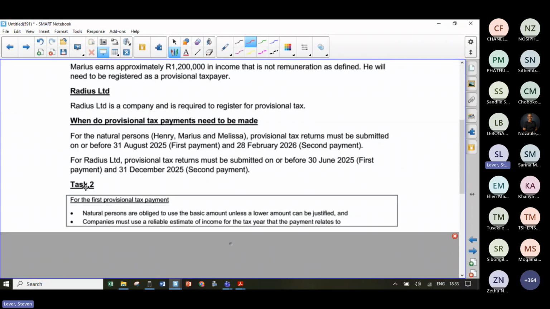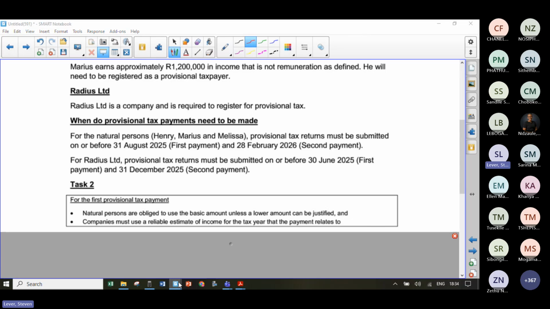So here, can you see inside this example, I've said for the first provisional tax payment, natural persons are obliged to use the basic amount unless a lower amount can be justified. You can use a lower amount, but if SARS audits you, you need to be able to justify it. To be safe, use the basic amount. And it says companies must use a reliable estimate of income for the tax year that the payment relates to.